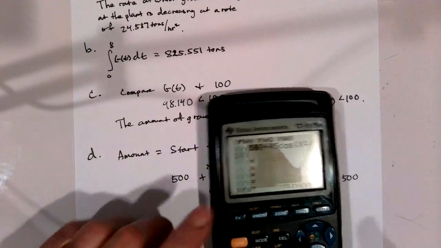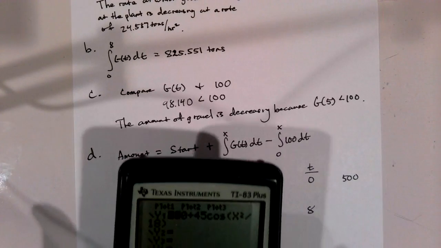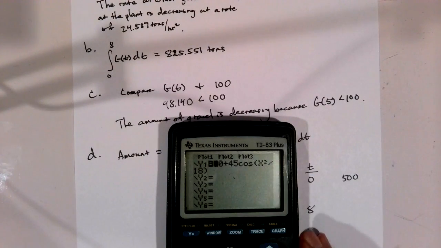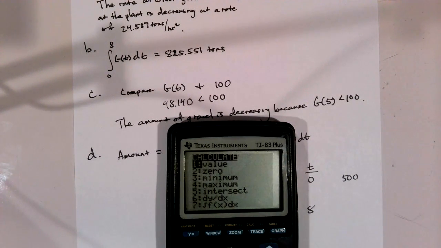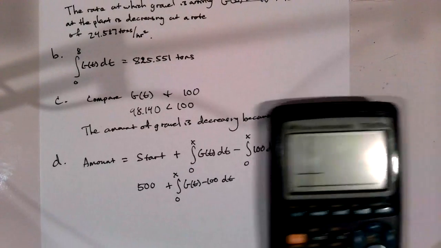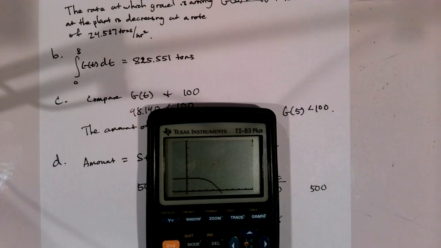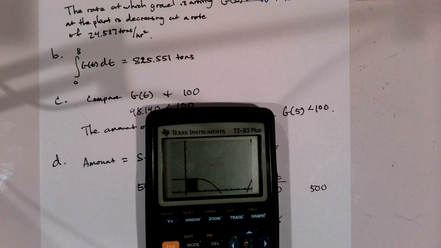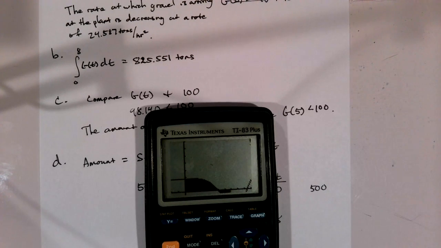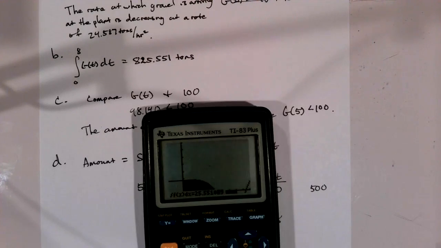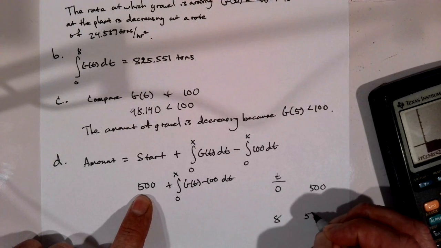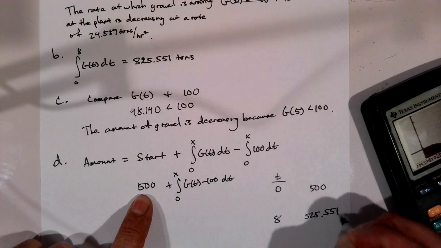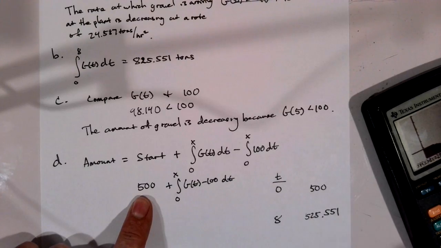So if I go into my calculator and type in that G of t, which I have right there, and then at the bottom I subtract off 100, and I calculate number 7, from 0 to 8, I get 25.55. Then I have to add 500 onto that, so 525.551. So it looks like the most is there right now.